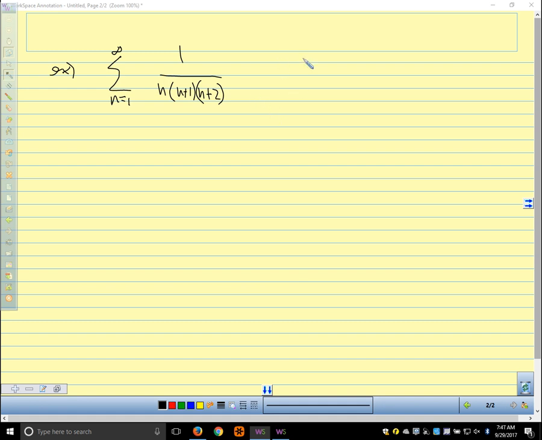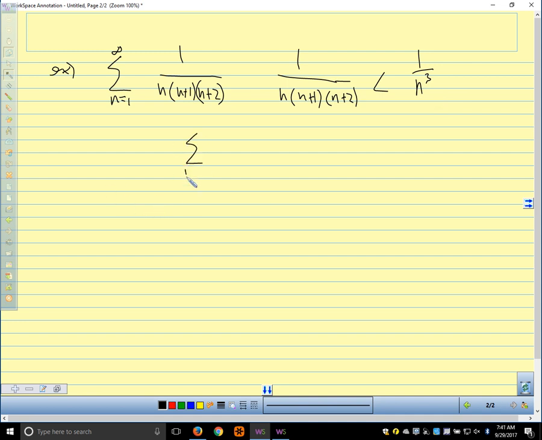I'm going to say that 1 over n times n plus 1 times n plus 2 is less than 1 over n cubed, right? Because our denominator is larger. So term by term, that's going to be smaller than 1 over n cubed.